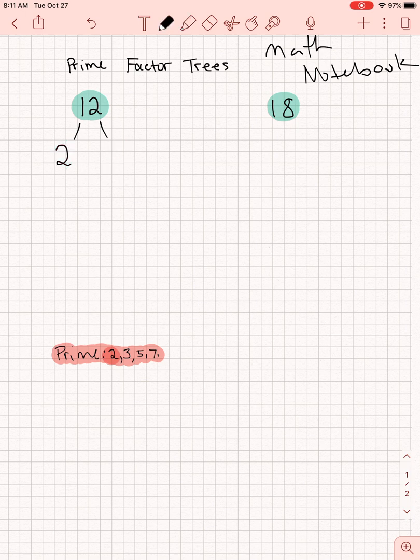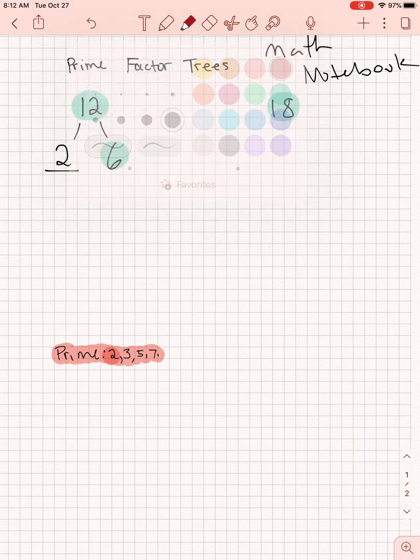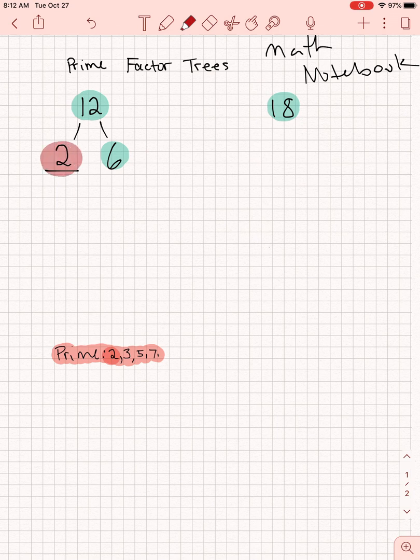Let's see here. 2 times 6 equals 12. 2 is prime, so I'm going to underline it. My tree kind of ends right there. And now I have my new number. In fact, just for clarity here, I'm going to mark my prime numbers in red and my composite numbers in green. When it's red, we stop. Red means stop, green means go. And 6, I'm going to continue on with.